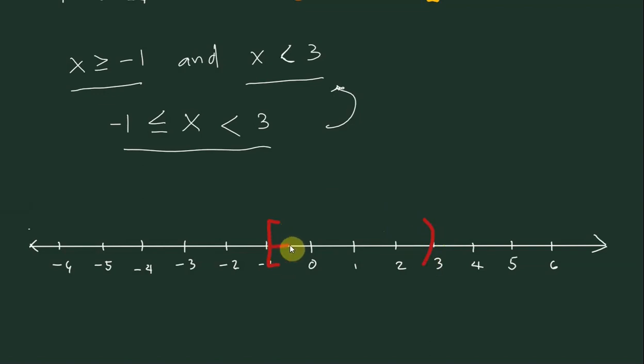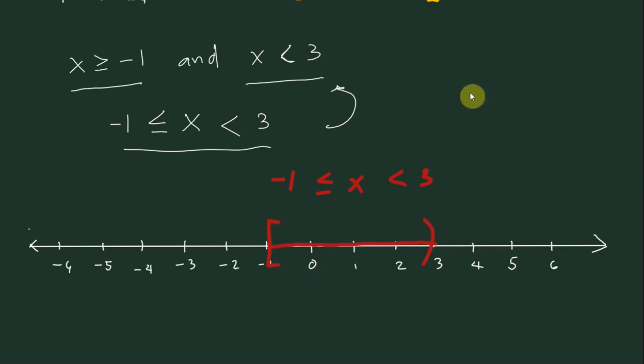We draw a line from negative 1 to 3. So this is x greater than or equal to negative 1 and lesser than 3. This is a portion of the real number line that makes this statement true. So that's how you graph that statement.